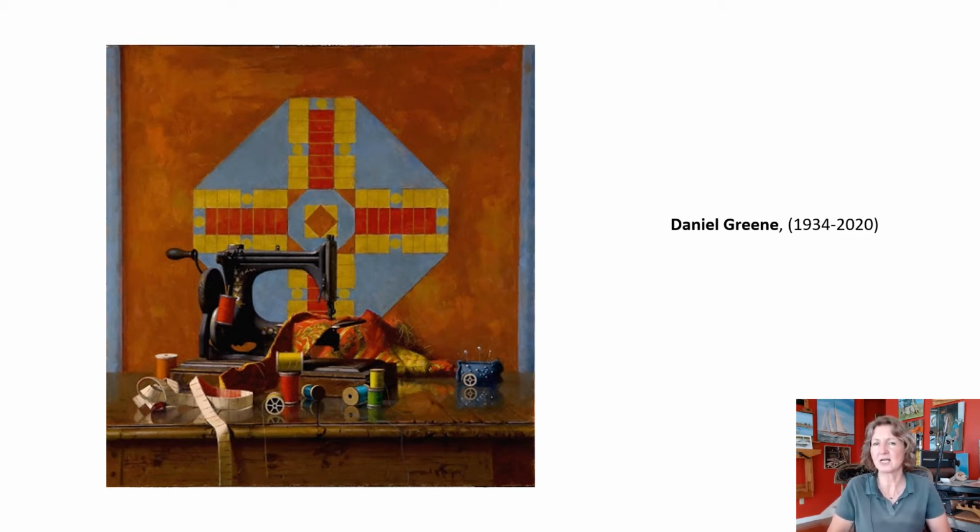He collected vintage and antique game boards of different sorts. I think this is Parcheesi, I'm not quite sure. So to him, there was personal meaning to do with the objects that he put into the paintings, but perhaps not necessarily a message to the viewer as to what those symbols and such were or what the meaning was. But I love the lushness and the richness of the colors in this.